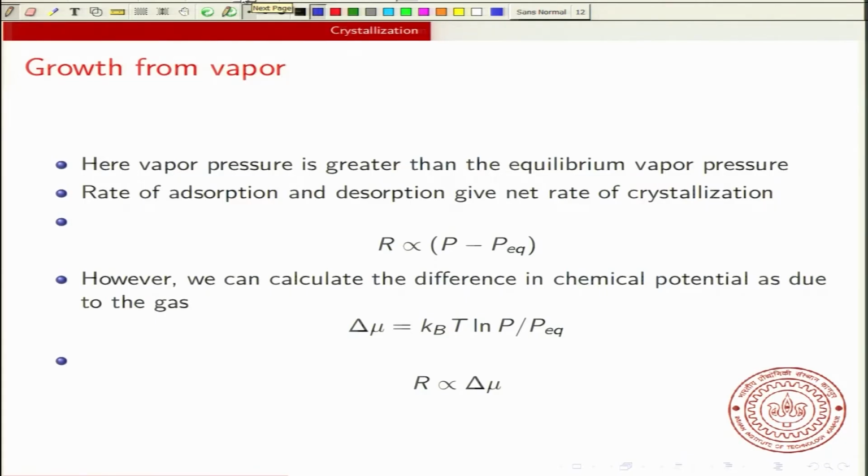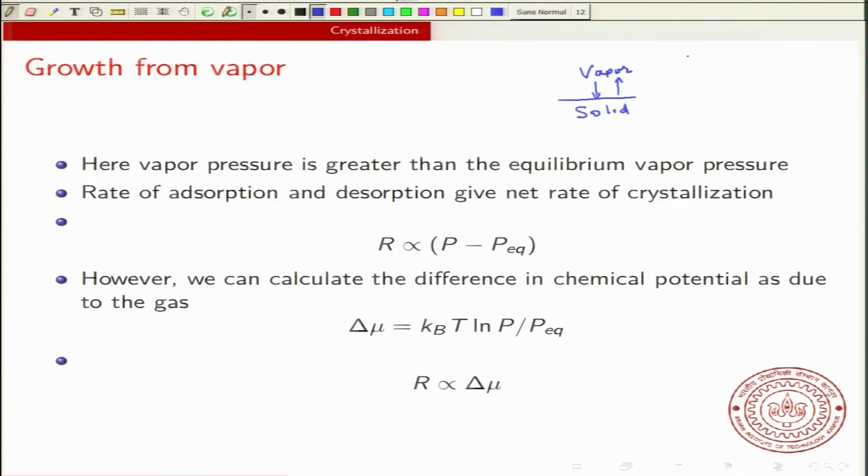Suppose you have a solid and a vapor above the solid. What you are looking at is deposition from the vapor, and desorption from the solid. So you have these two processes: adsorption of vapor onto the solid and desorption of solid into the vapor.